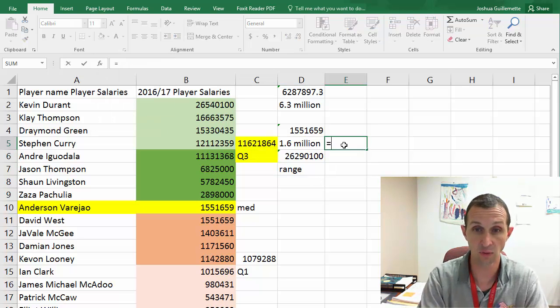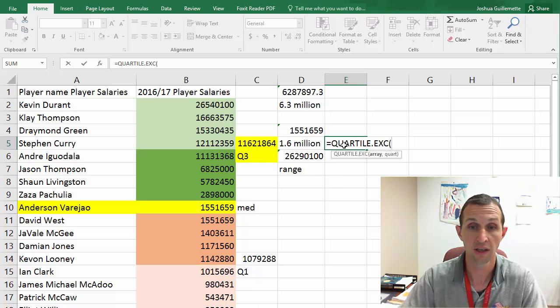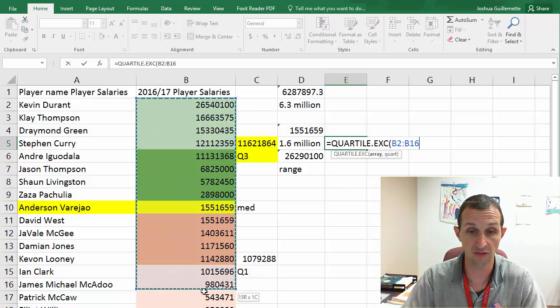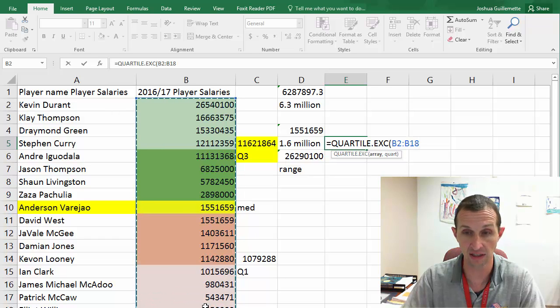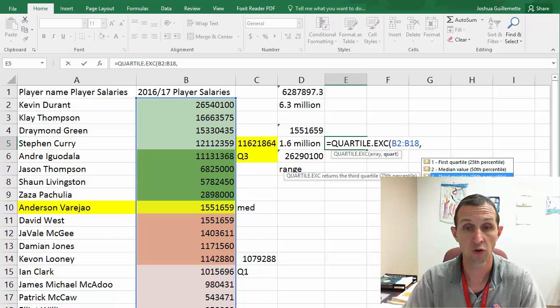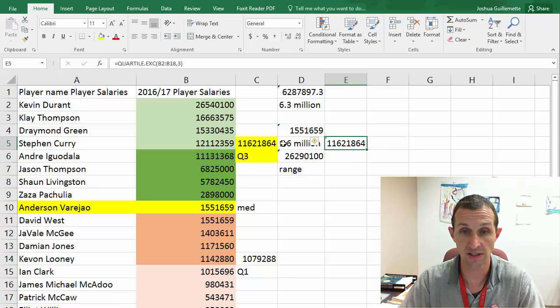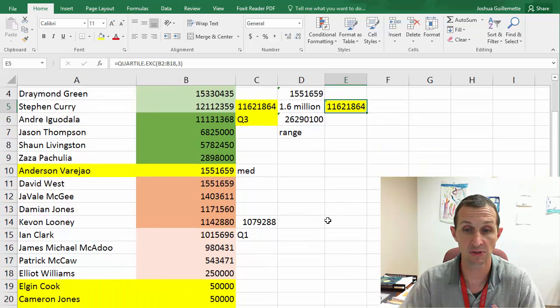And so I'm going to have equals, right? And then it's quartile exclusive, and then I want it to be of the full range of data, and I want it to be the third quartile, right? That third quartile right there.